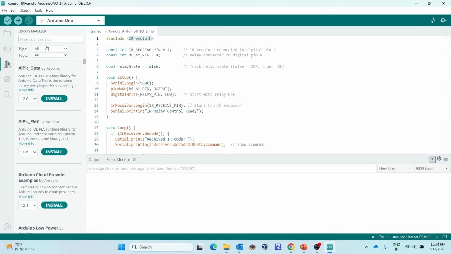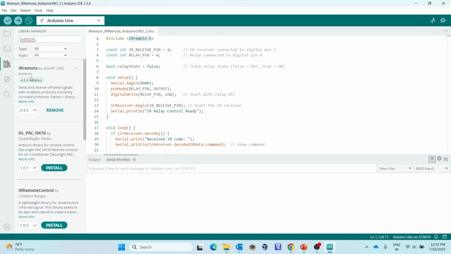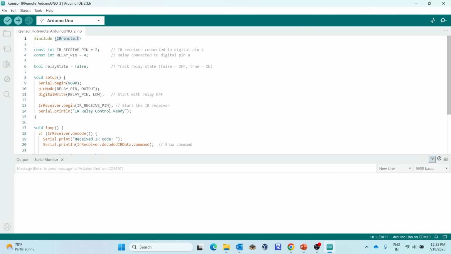If you type IRremote, then you install this IRremote library by Sharif, who has uploaded this .h file. We will be using this .h file for our project. That is how I have called IRremote.h. Whatever functions you are seeing, IrReceiver.begin and the rest, are derived out of IRremote.h.